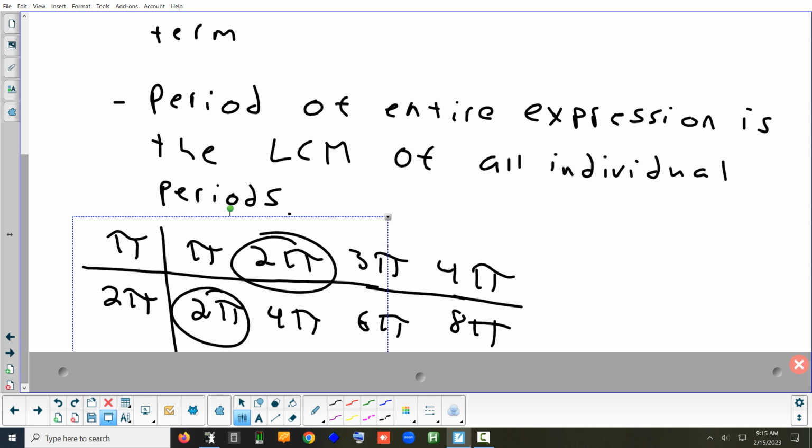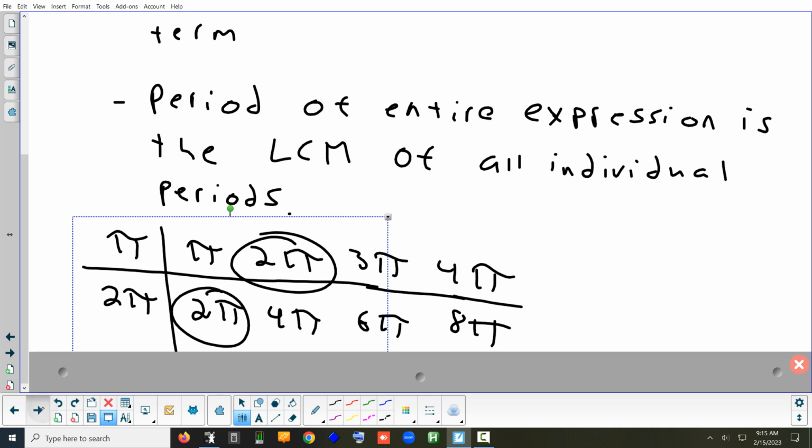Like if I was looking for the least common multiple of 2 and 3, it can't be smaller than 2. It has to be at least 3 or bigger. So that's one thing we're going to have to do. Find the periods, and then find the least common multiple.